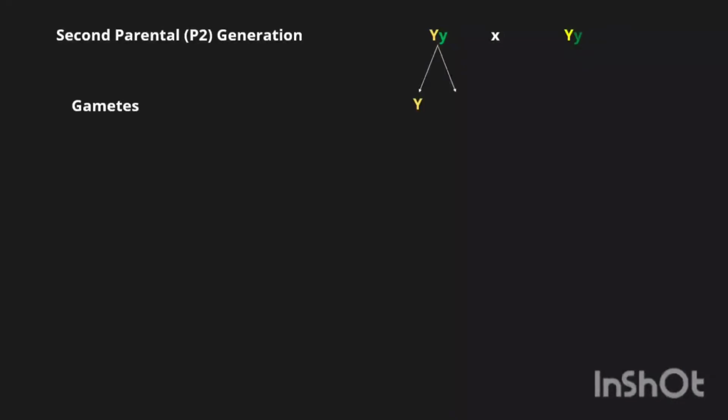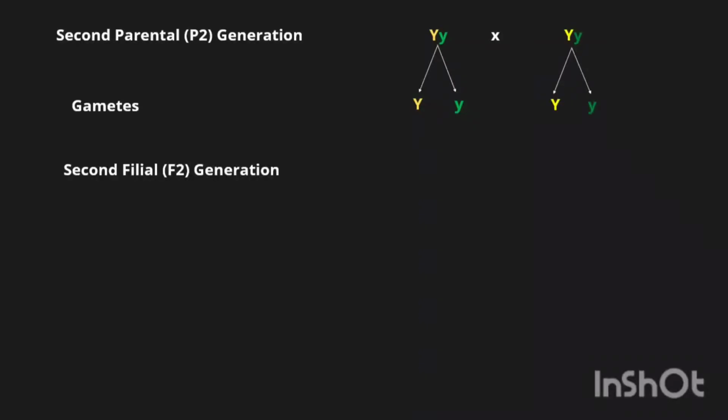So let us have another test cross for the second parental generation. We will use the heterozygous yellow individuals from the first filial generation. So the possible gametes are as follows: an allele for yellow and an allele for green, and another allele for yellow and another allele for green.